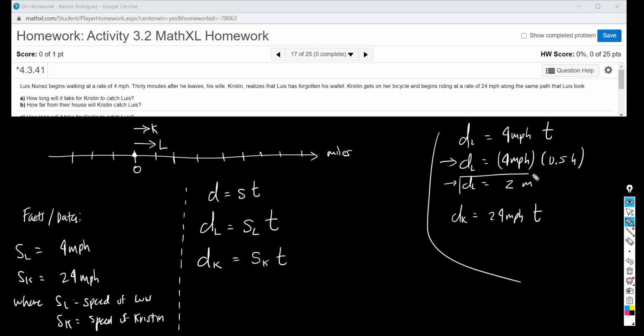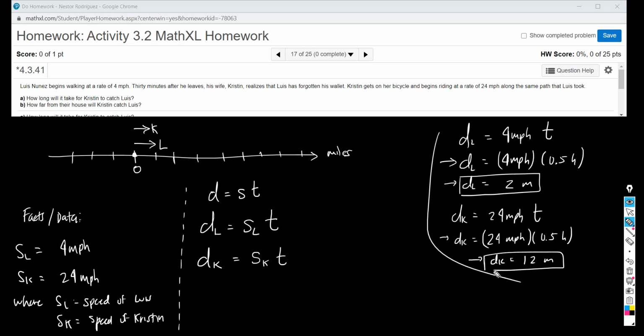After half an hour, Luis will have traveled 2 miles. Perfect. But if I introduce that same time into Christine's equation right here, I'm going to get a contradiction. 24 miles per hour times 0.5 hours is 12 miles.